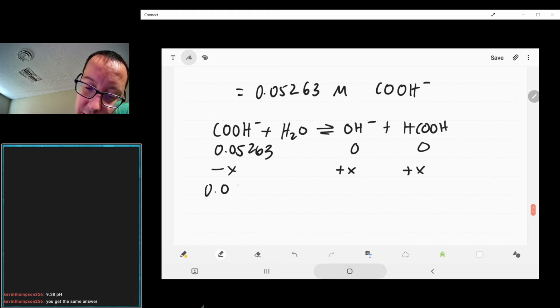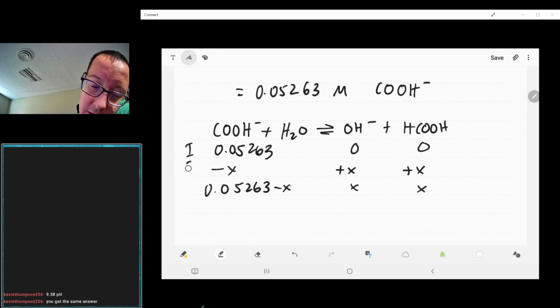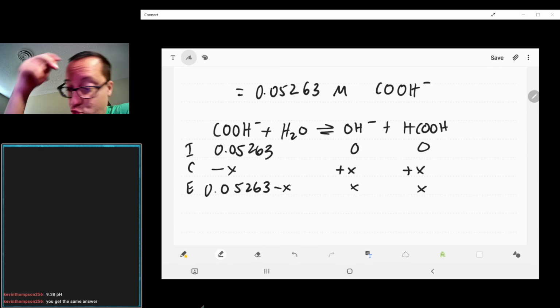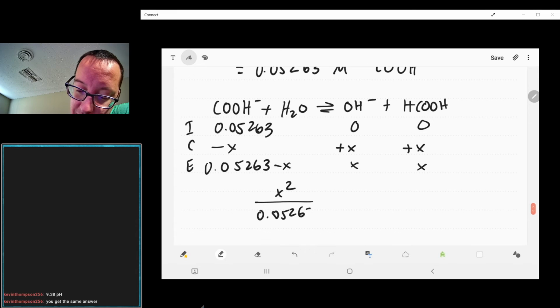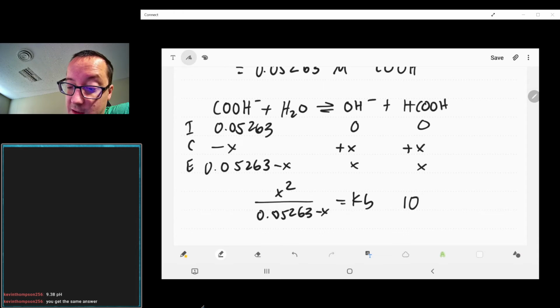So, as always, we do all this fun stuff. This is, of course, an ice table. So we get x squared over 0.05263 minus x equals Kb, which is going to be 10 to the negative 10.25.